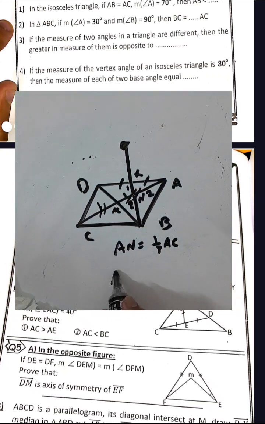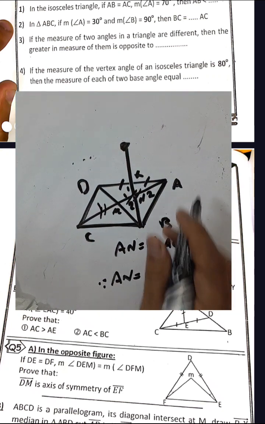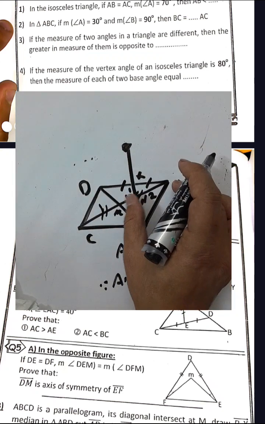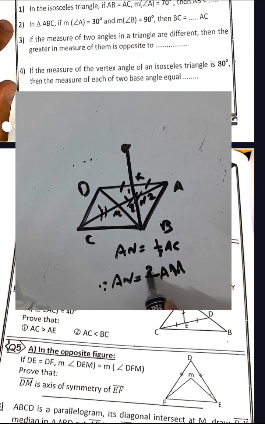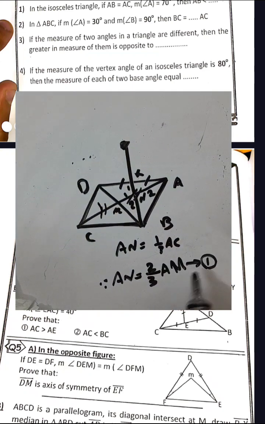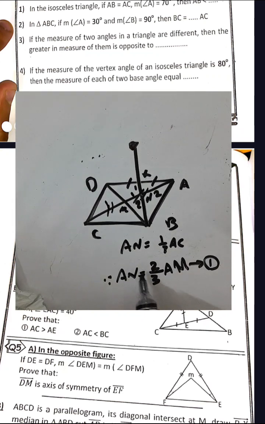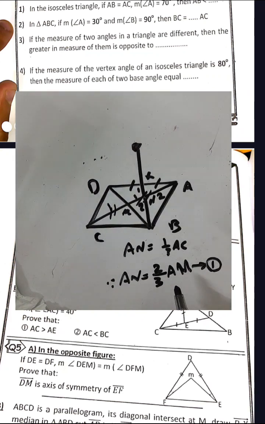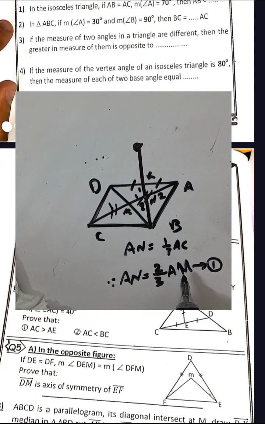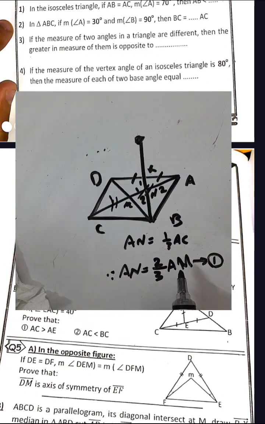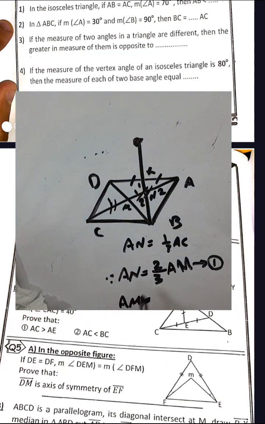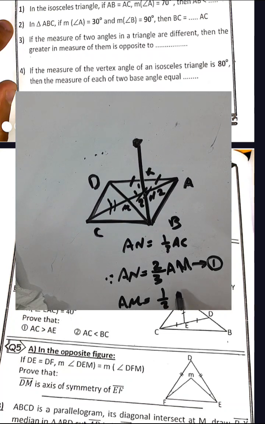Okay, he wants to find the ratio between AN and AC. We can write the ratio between AN and AM: AN would be 2 parts and AM was 2 plus 1 equals 3. It's relation number 1. I have AN equals 2 over 3 AM. Okay, and we know AM is half of AC.